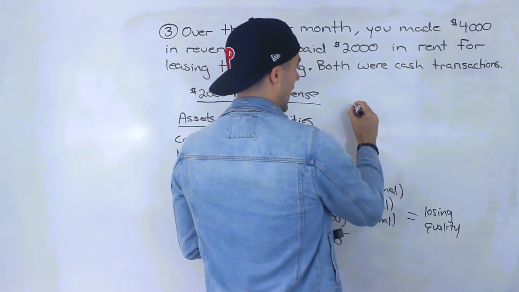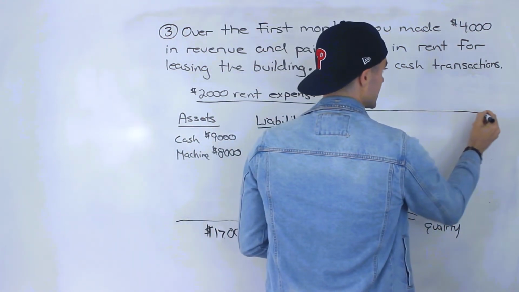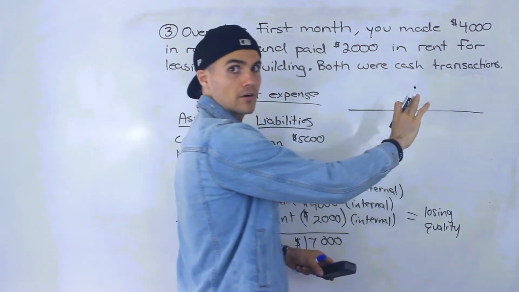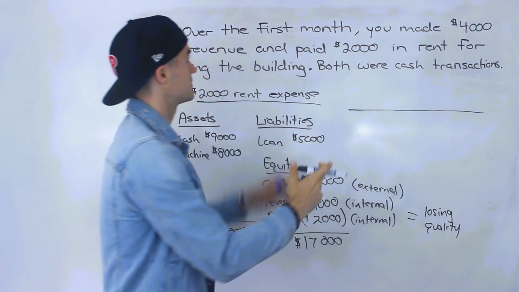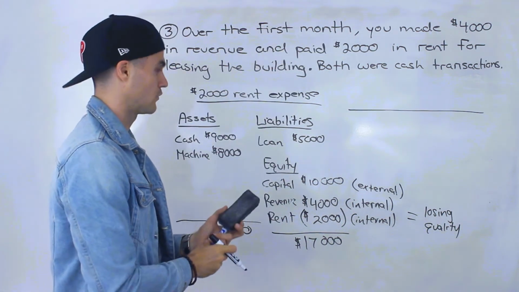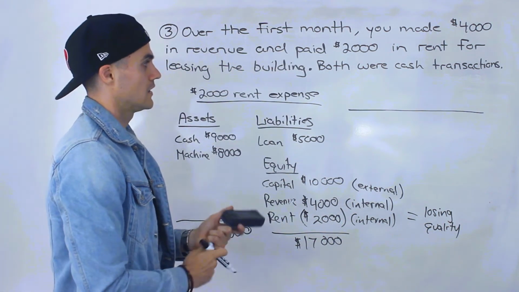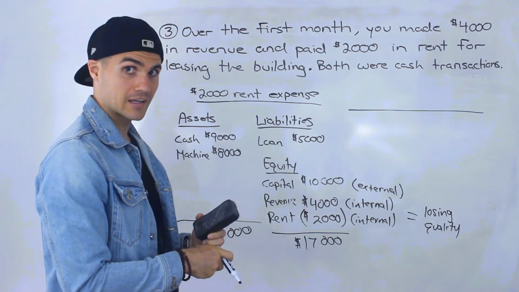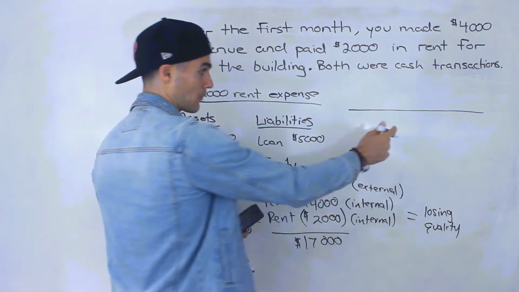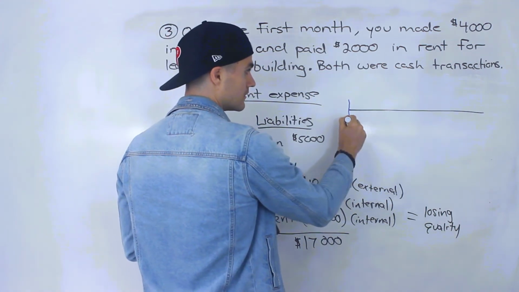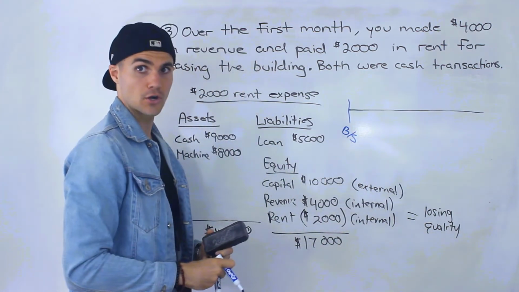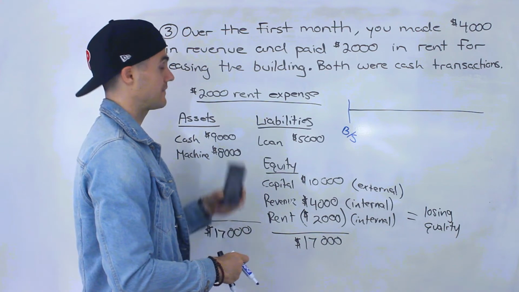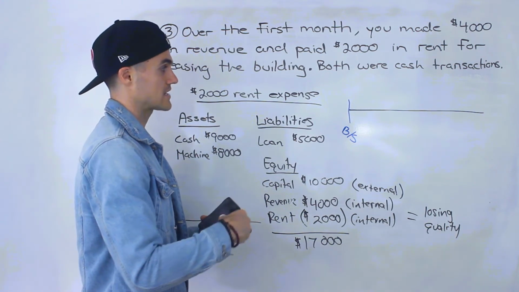Let's say that this here now represents one period of time, whether that's a month or a week. Let's pretend it's a month, since we're talking about months here for our business. So at the beginning of this month, I erased it, but we had a balance sheet that we started with at the end of the second transaction.